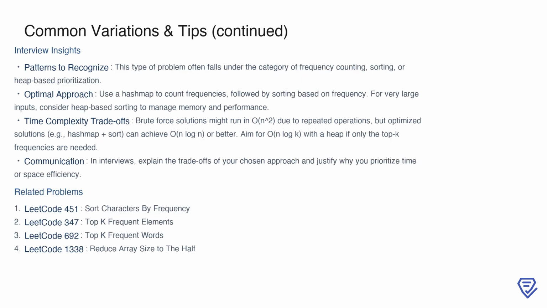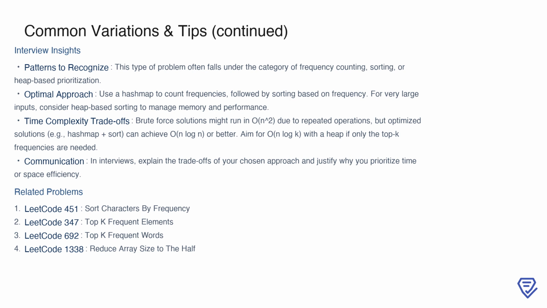Now, let's think about how this problem relates to interviews. Problems like this often fall into the broader category of frequency counting, sorting, or heap-based prioritization. The optimal approach generally involves using a hash map to count the frequencies, followed by sorting based on those frequencies. For scenarios with very large inputs, you might want to consider heap-based sorting to balance memory usage and performance.